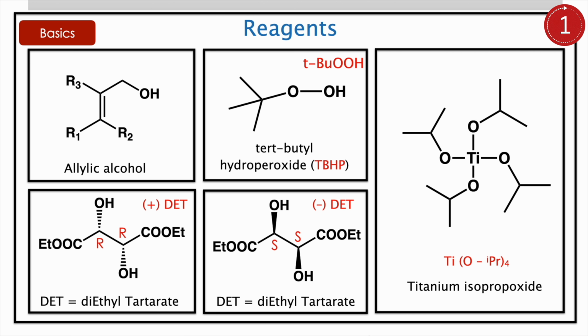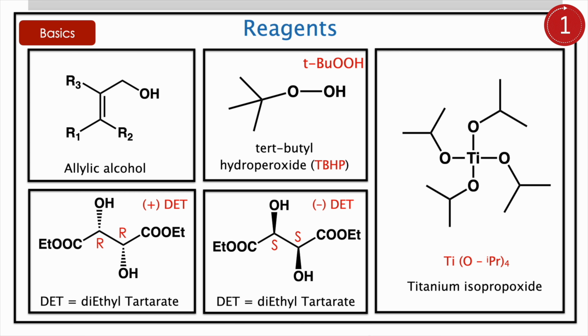Here the reagents are bulky. Even without knowing the reagent structure you can answer, but better to know it. Allylic alcohol means a simple alcohol at the allylic position. The peroxide is tertiary butyl hydroperoxide, a simple peroxide with a tertiary butyl group. DET can be plus or minus, decided by the configuration of the two OH groups.